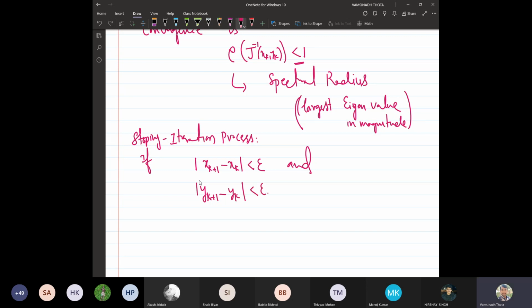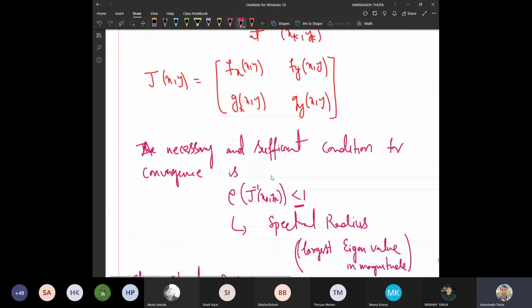This is the absolute difference between the two successive approximations for the variable x and for the variable y. Both should be less than epsilon. In that case, we can stop the iteration.